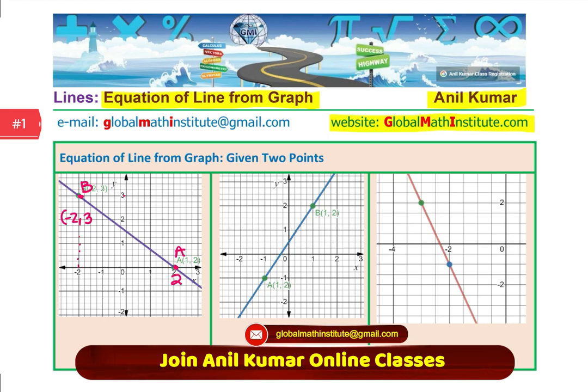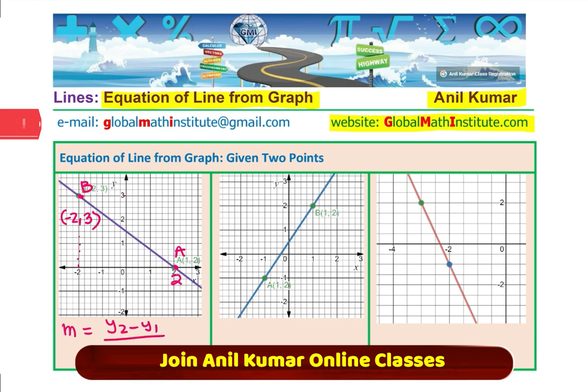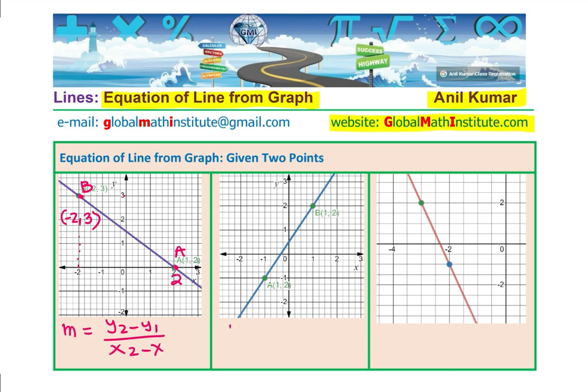Once you have these 2 points, you can always find the equation. Well, the concept is first find the slope m, which is y2 minus y1 over x2 minus x1. When you find slope, you can write the equation in the form y equals to mx plus b. Now to find the value of b, which is the y-intercept, in such cases, what are you going to do?